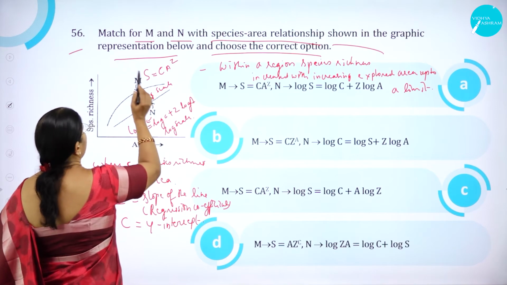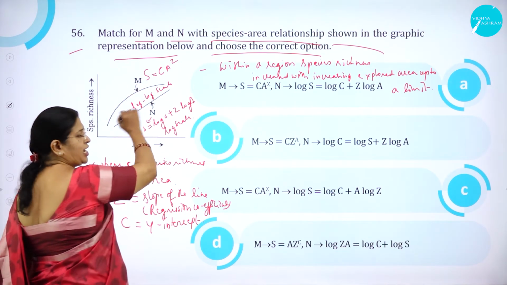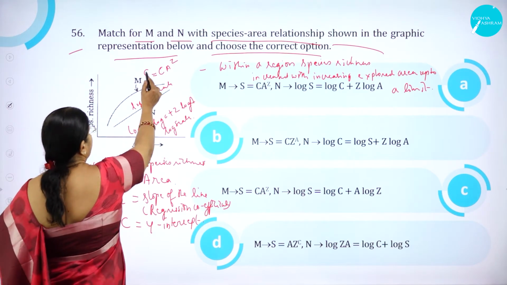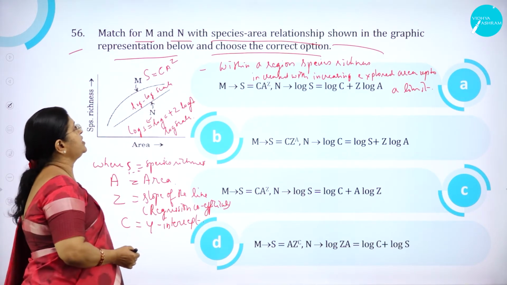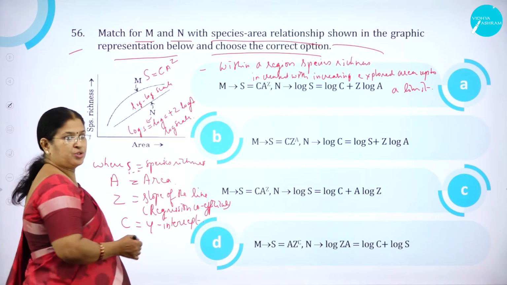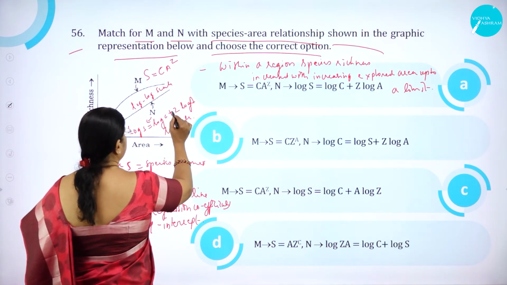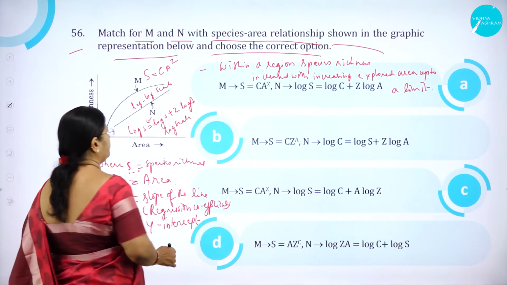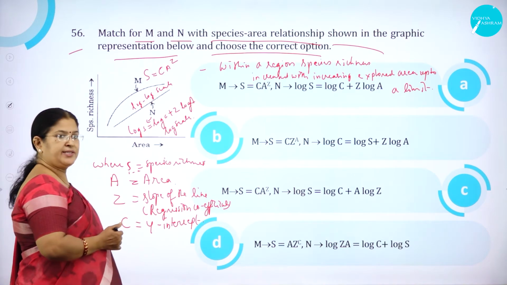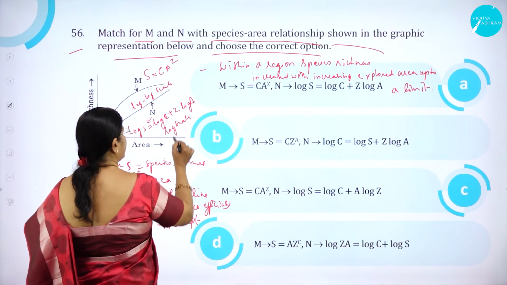So we need to match what is M and N. Here M, you can see this hyperbola. M is equal to S is equal to CA^Z and N is equal to log S is equal to log C plus Z log A.